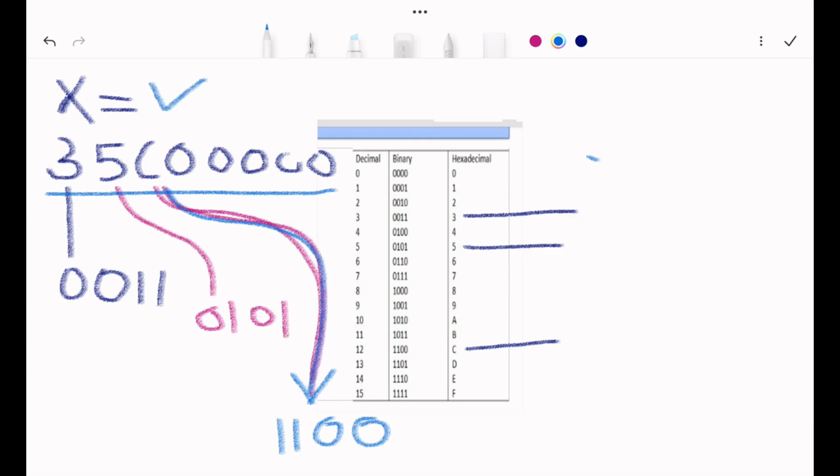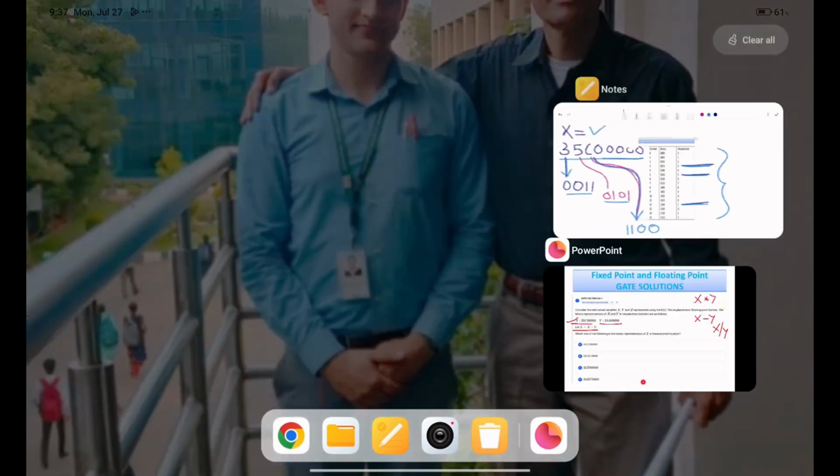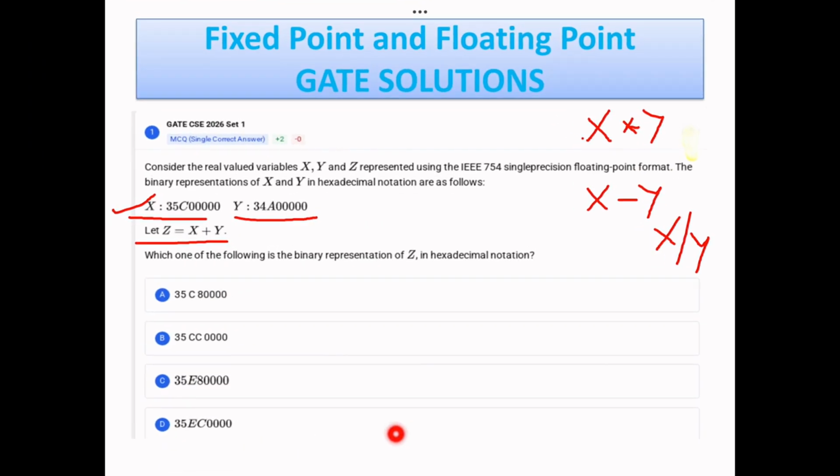So this is the hexadecimal table. Already we explained how to draw it. So the value of 3 we have written here, the value of 5 we have written here, and the value of C we have written here. Now this value 3 you will write here. Then the 5 you will write here. Then this value C will be written here, and the remaining are all 0. Done? You understand? You have to learn only one question. If you understand one question, the second question you can easily understand.